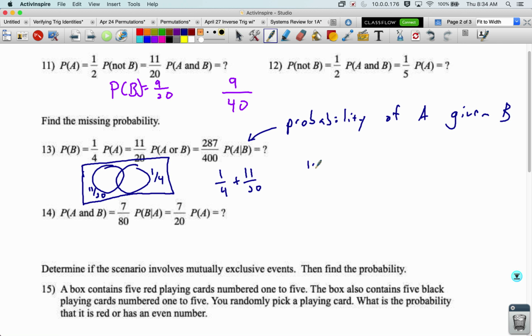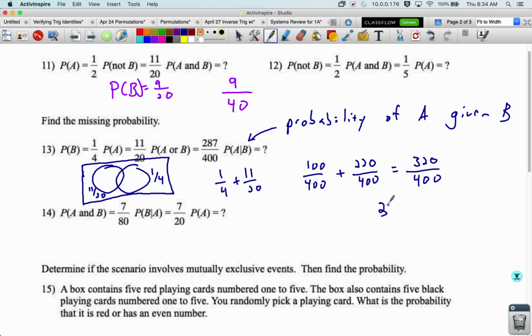So this is 100/400ths plus, let's see, 400 divided by 20 is 20. So 20 times 11 is 220/400. So we got 320/400ths. But added together, we only get 287/400ths. So what's the difference there?